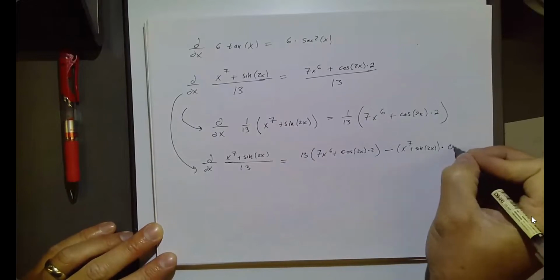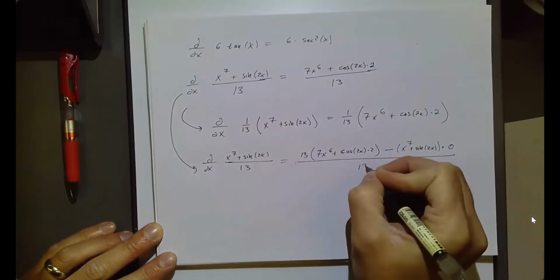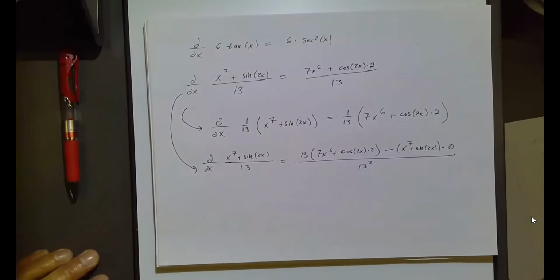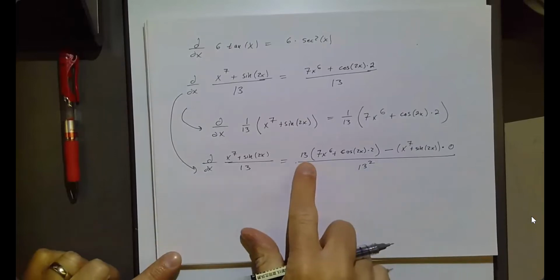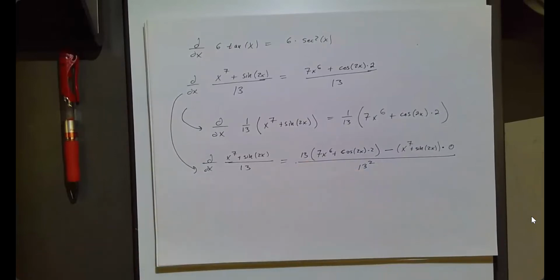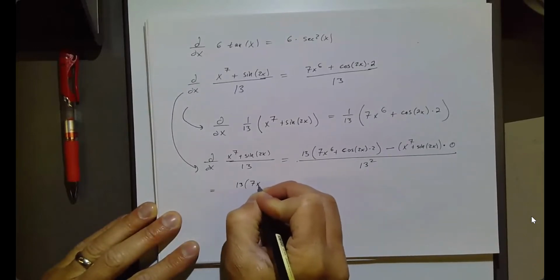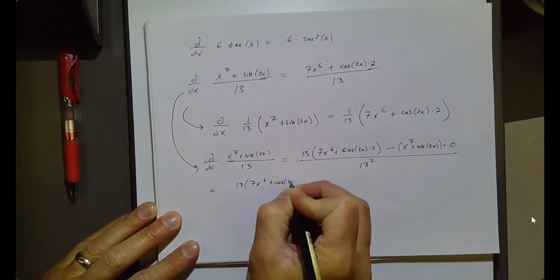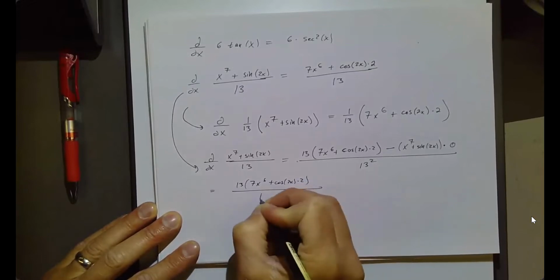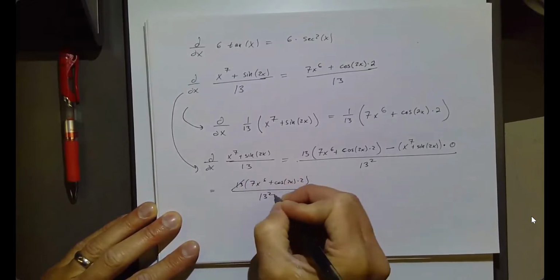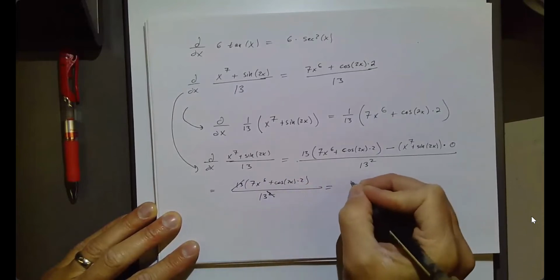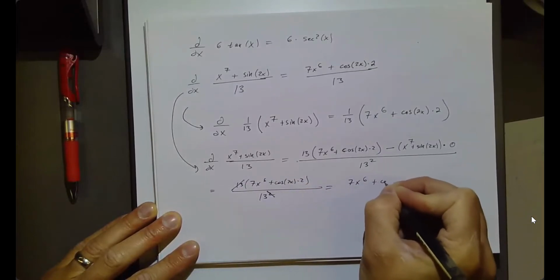Right. All divided by 13 squared. And so what ends up happening is you get this divided by 13 squared, and one of the 13s cancels. So we get 13 times 7x to the 6 plus cosine of 2x times 2 all over 13 squared. That 13 cancels one of those 13s, and you get back to the same answer we had before.